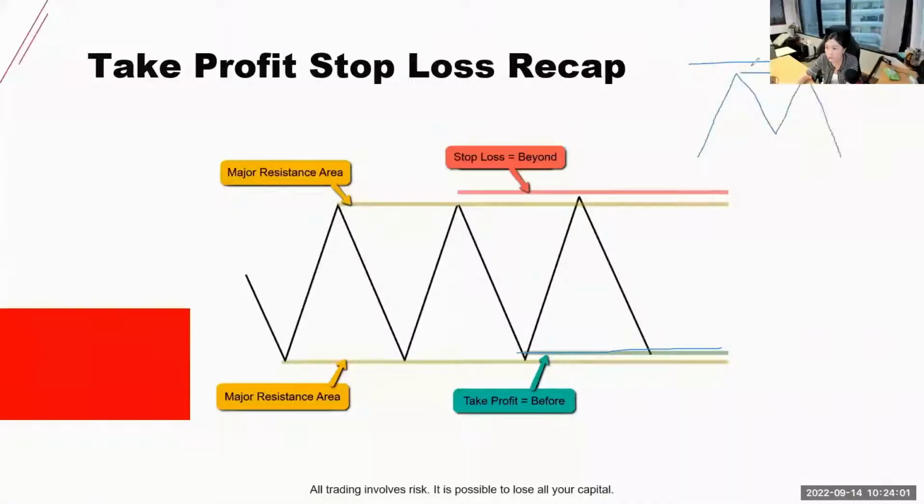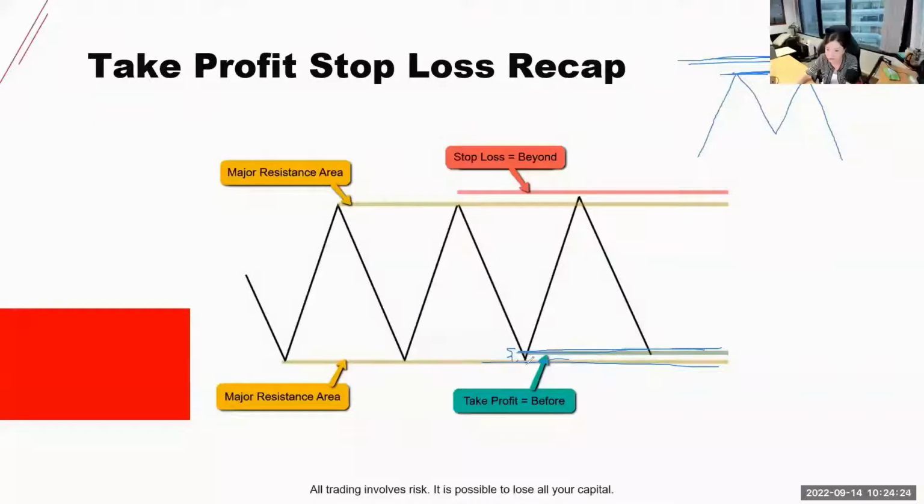This is for long positions. You take before the resistance. If you are doing a short position, right, you take above. For both it is considered called before, but it's depending on whether you are looking at the lower section or the upper section.